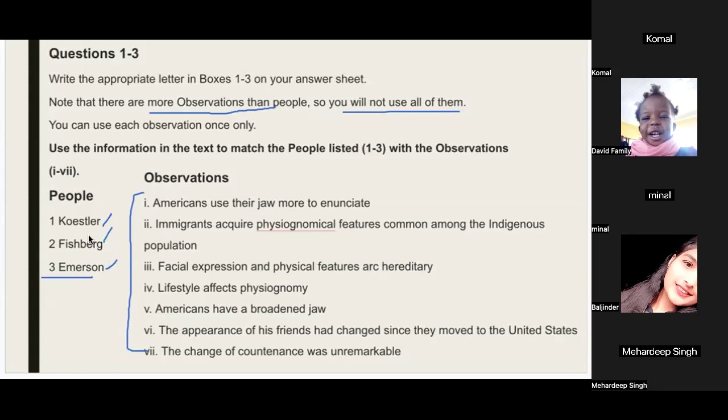Now you have to find these three names in your text, and once you find them, read before and after these names. What was Koestler's observation, what was Fischerberg's observation, and what was Emerson's observation, right? So you have to find the observations of these three people. Yes, everyone, clear?